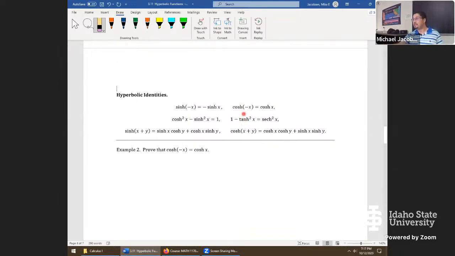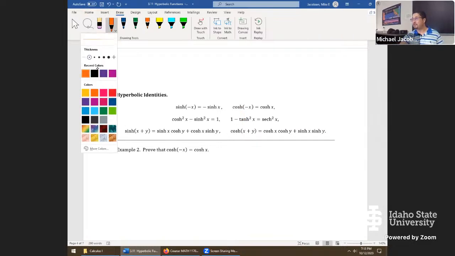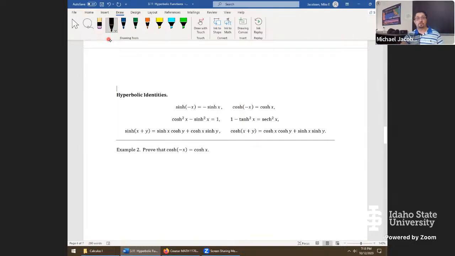For example, in ordinary trigonometry, this is our superstar identity: sine squared of x, or theta, let's go with x, plus cosine squared of x equals 1. We have a related identity, but it goes like this: cosh squared x minus sinh squared x equals 1 in the land of hyperbolics.